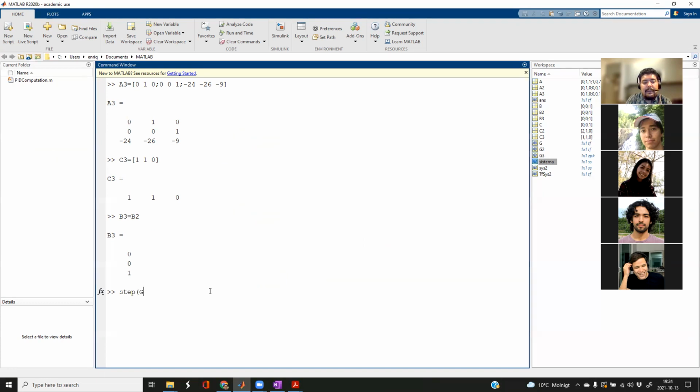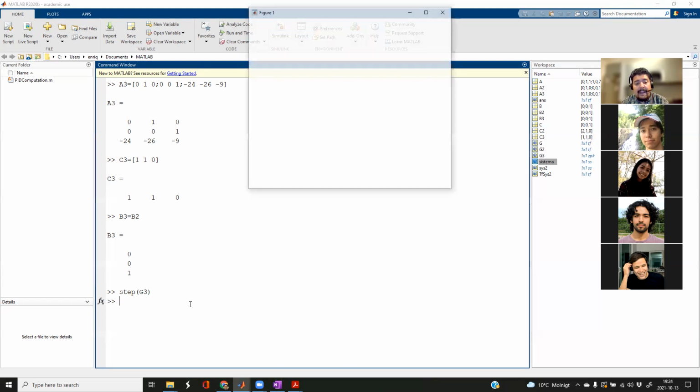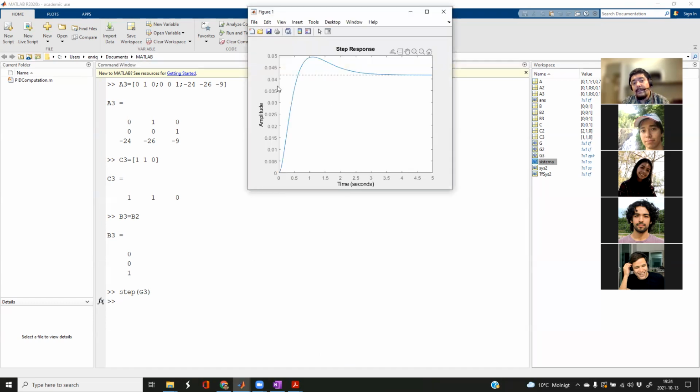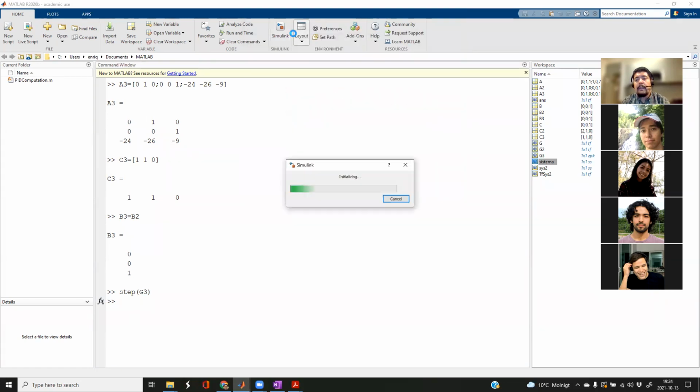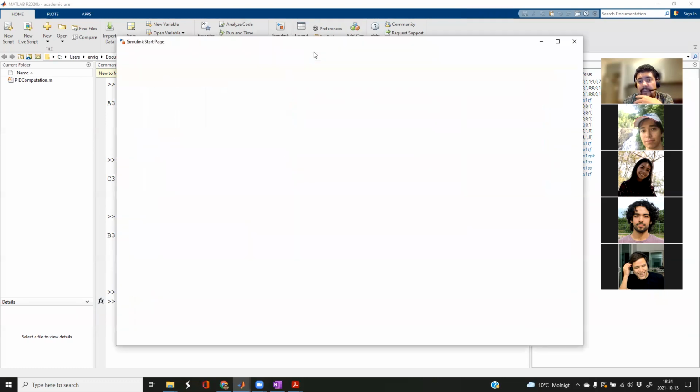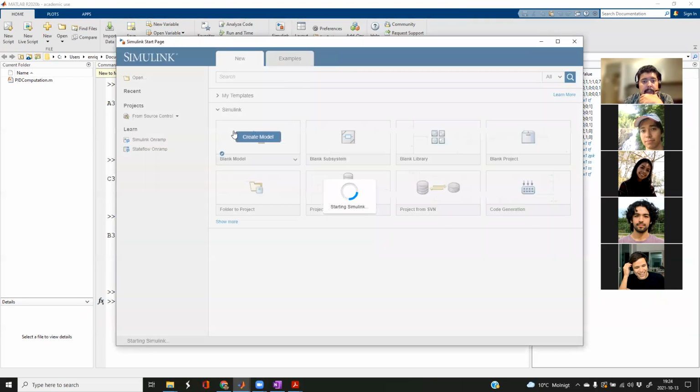If I make the step response of the transfer function G3, since it is stable, I will be able to see a value, a very small value, but it is there. And this is the behavior of the system in open loop. And we can, of course, make the simulation of this. So we're going to make the simulation and make a comparison of both.